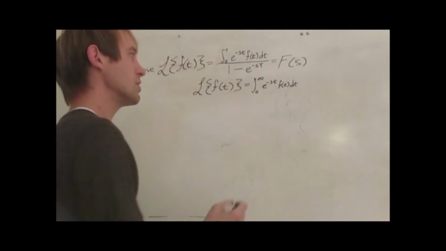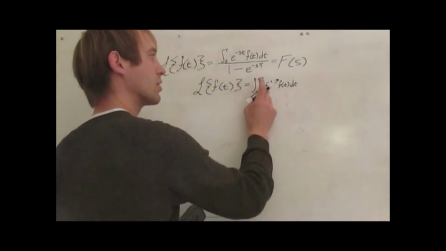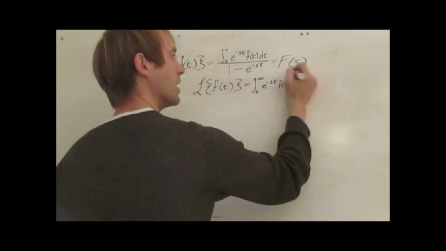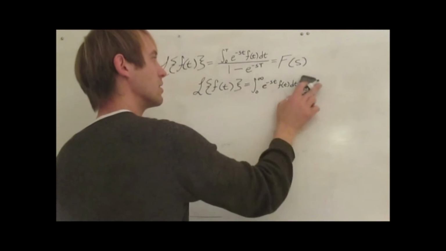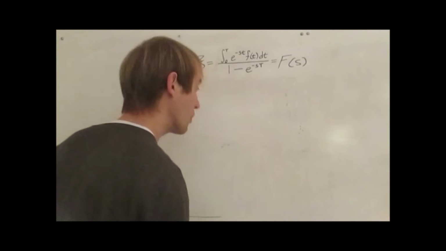Now, I think you can convince yourself that if we split this integral up into, say, two parts, but still had it from 0 to infinity, it would still be equivalent. So that's what we're going to do.